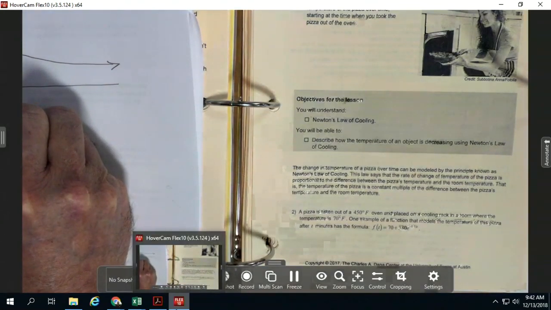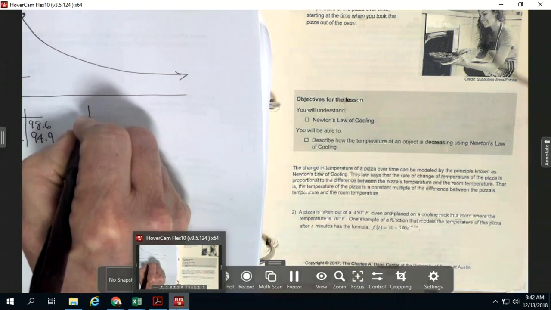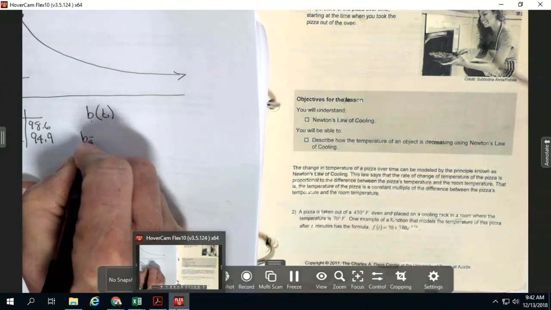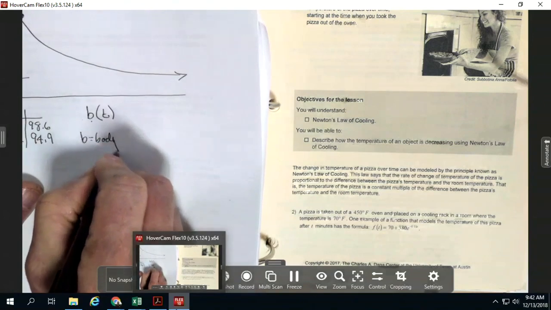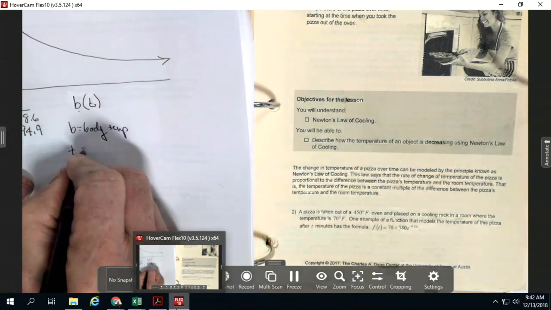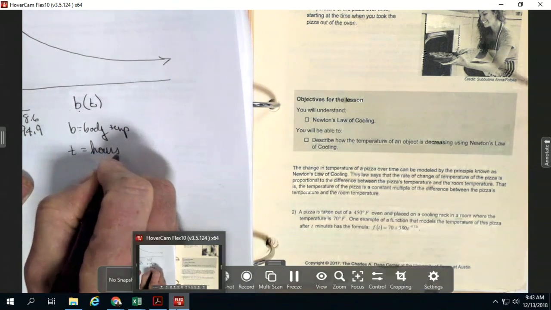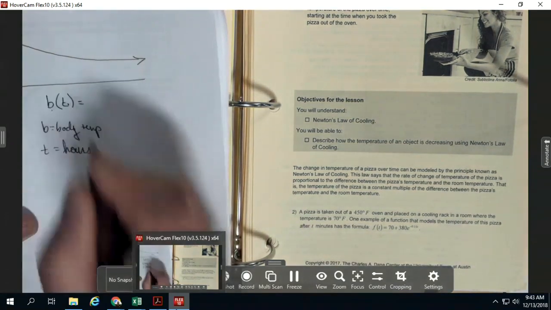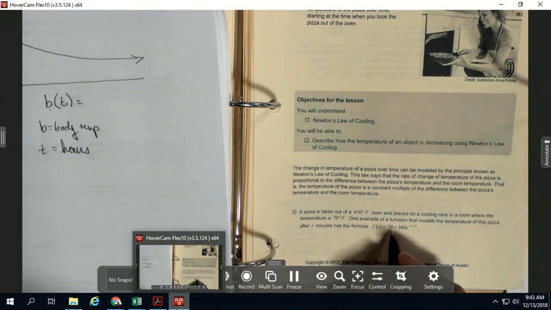So the body temperature as a function of the number of hours is. What did this 70 mean in this context?